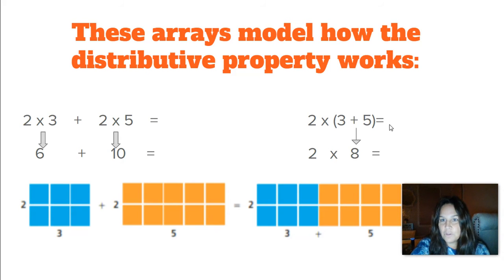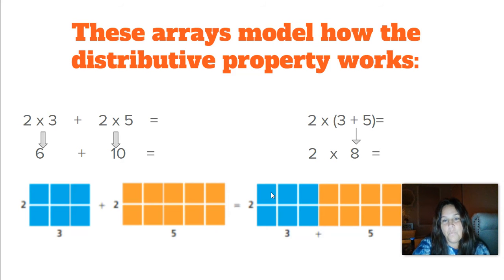Similarly, when I look over here, you can see that even though I've got these addends inside of the parentheses and I'm adding them together first and then multiplying by 2, I'm still going to get the same area or the same product.